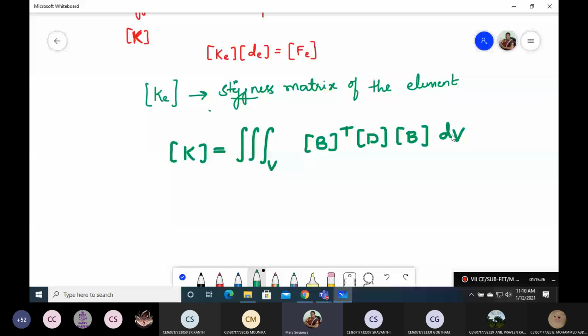This equation is the elemental stiffness.